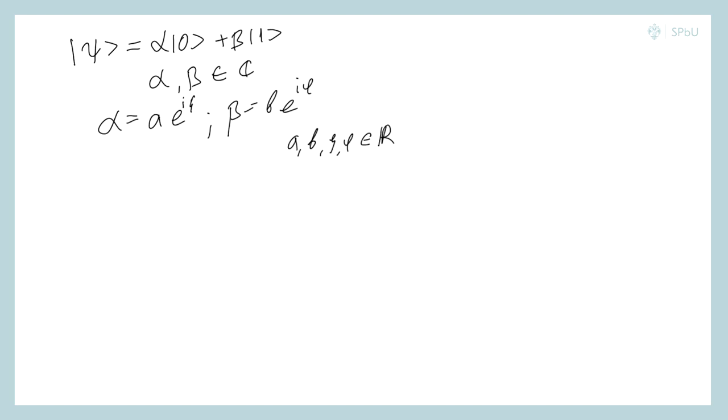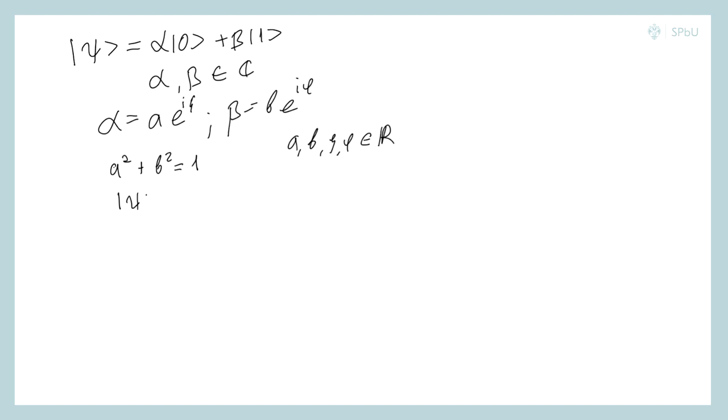These numbers obey the normalization condition, and we can write the following expression: alpha squared plus beta squared is equal to 1. So let's again rewrite the state vector psi in accordance with normalization.